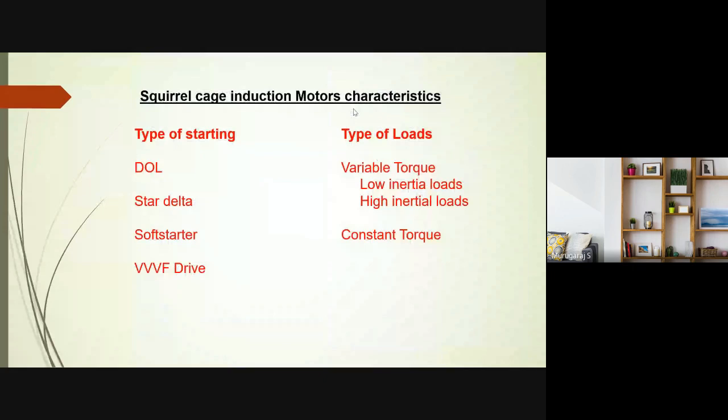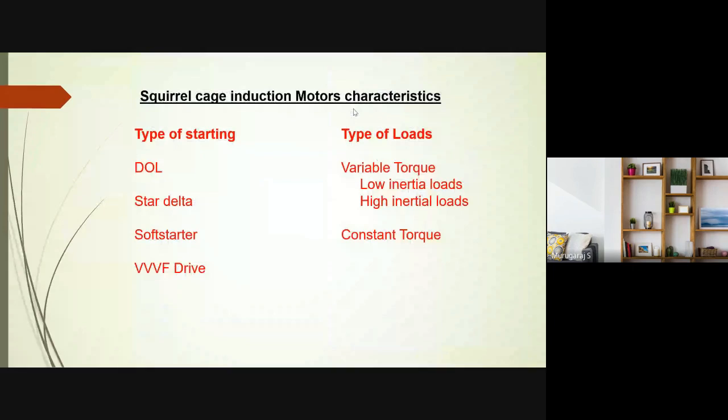The majority of applications, constant torque and variable torque applications, are driven through variable voltage and variable frequency. The moment you say variable voltage and variable frequency, you are applying the voltage from 0 and gradually increasing it, and there is no question of starting current in VFD starting methods.